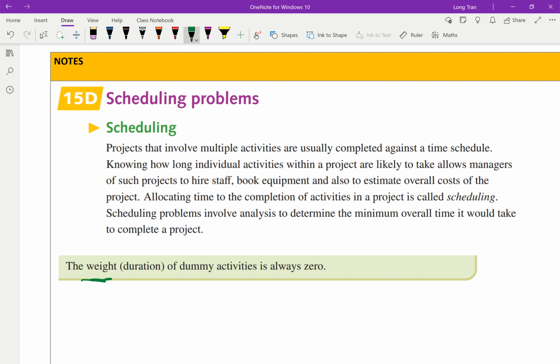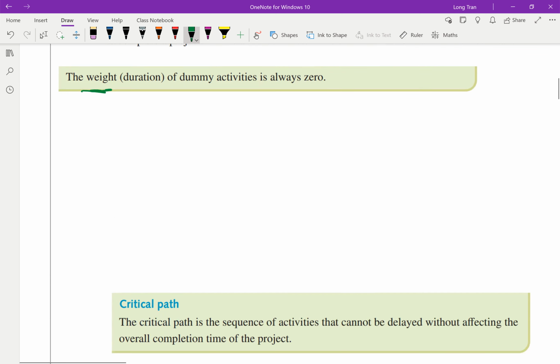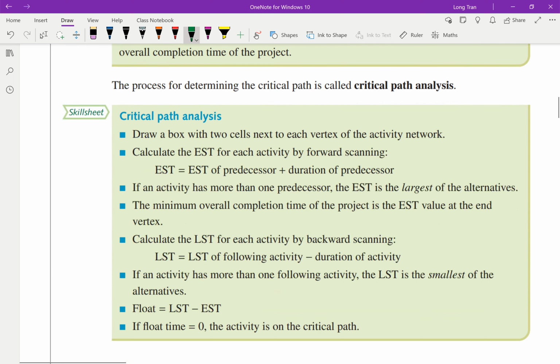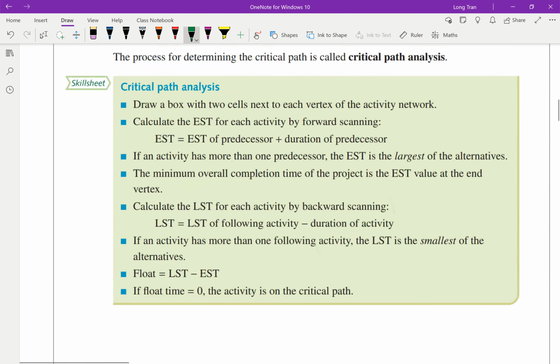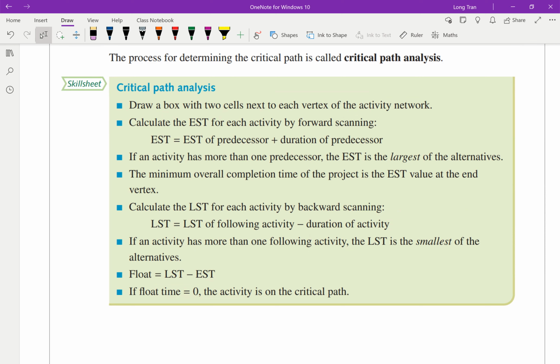Okay. Now, in order to do that, there's a couple of new terms that you're going to need to learn, and this piece of information is going to be key. Now, I'm just going to highlight some of the keywords that you're going to get used to. EST means earliest starting time. So remember, this is all to do with scheduling.